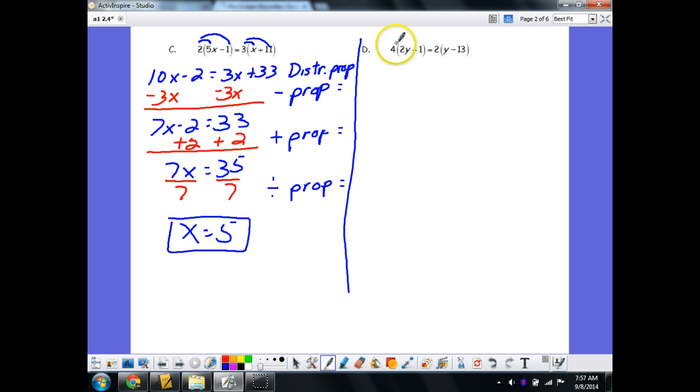Now in D, once again, we're going to use the distributive property. So we're going to distribute the 4 on the left side to get 8y plus 4. And that is equal to, distributing the 2 on the right side, 2y minus 26. And once again, that is the distributive property.